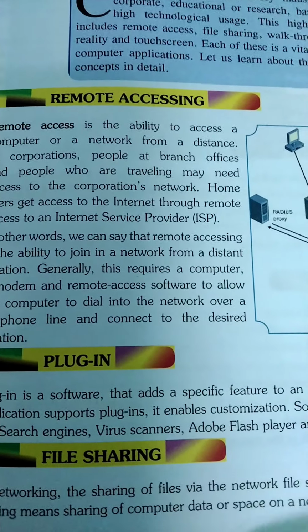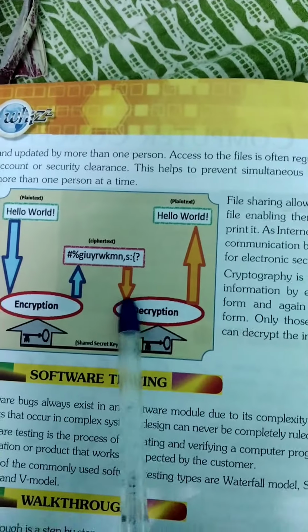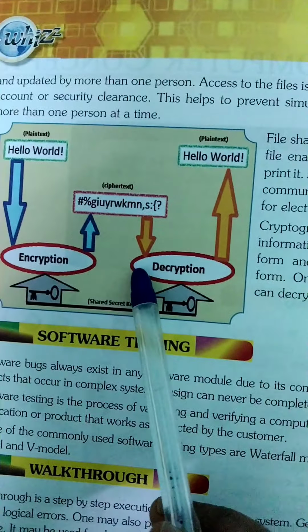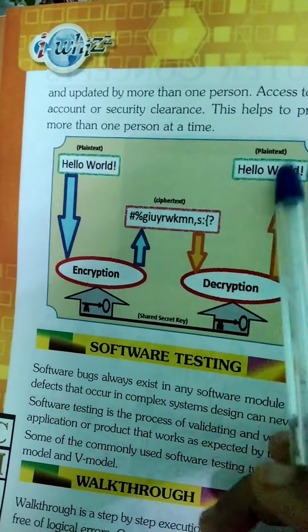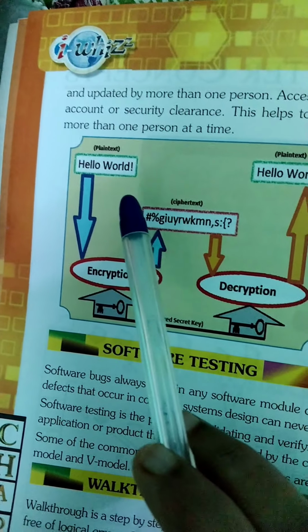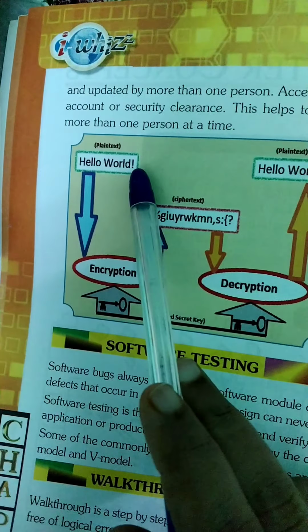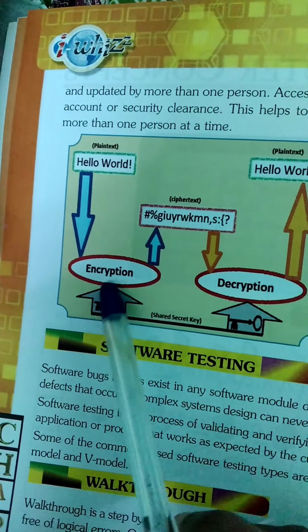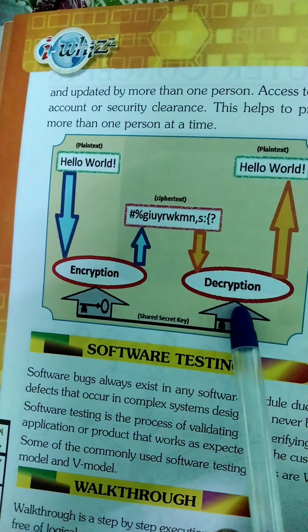And here there is a concept called cryptography. What is cryptography? Cryptography is a technique which is used to protect information. If you want to transfer information from one place to another, we have to encrypt the data, which means we have to make the data into an unreadable form. That is called encryption. Then the data is transferred to the particular person.